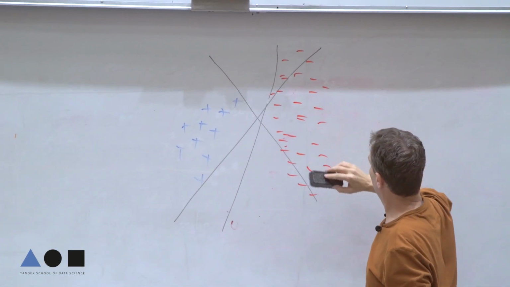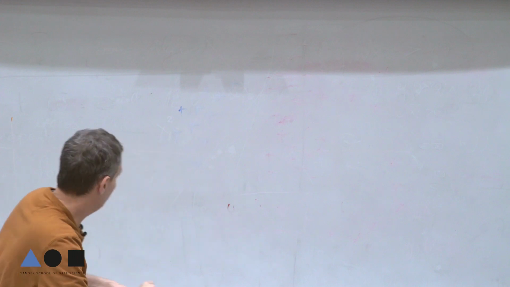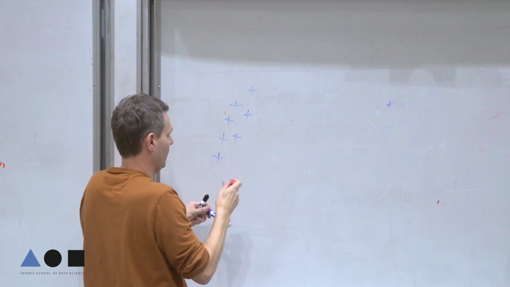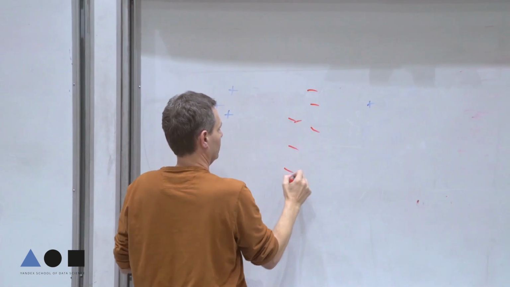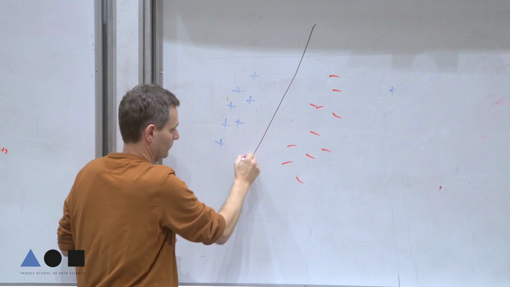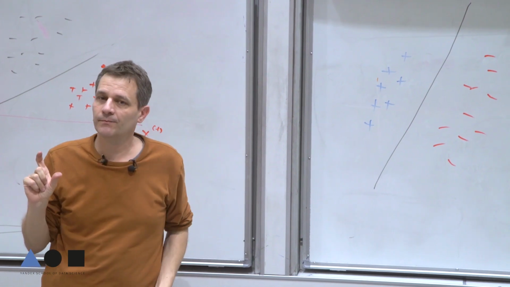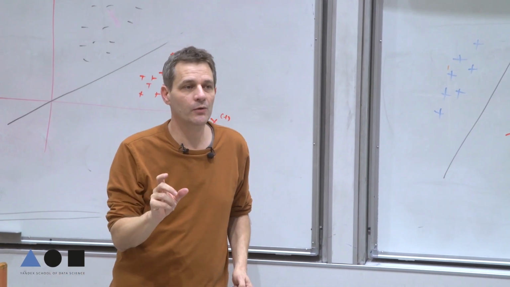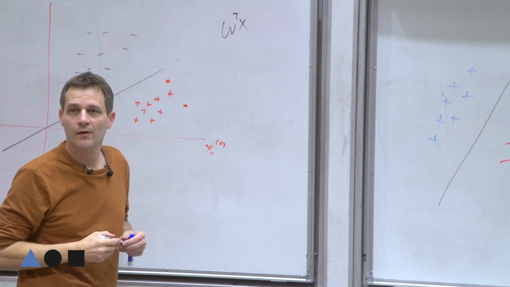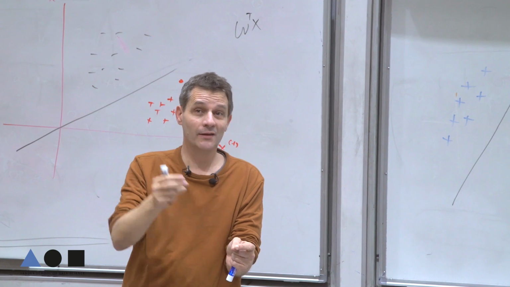Let's write that. Just a side comment. Until now, whenever I described linear classifiers, I always talked about W transpose X. But this limits you to lines or hyperplanes that go through the origin.